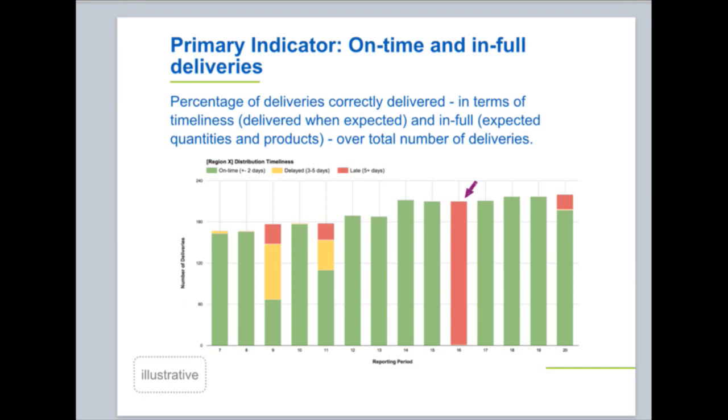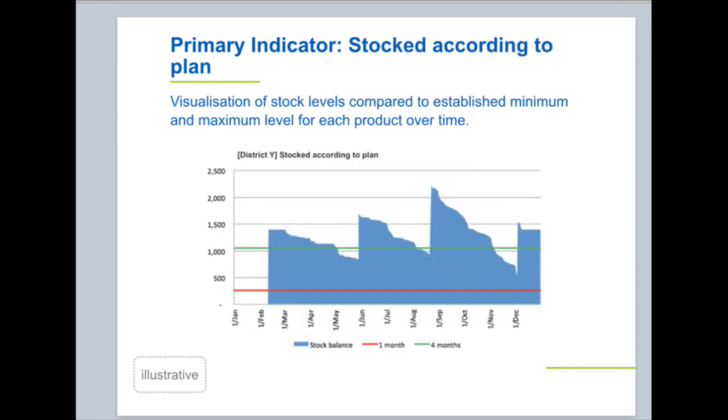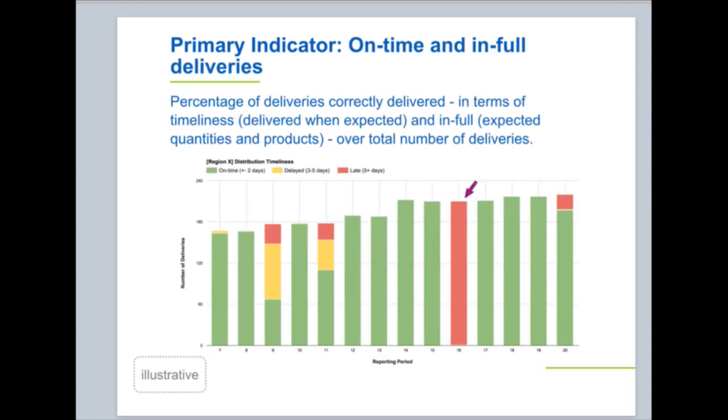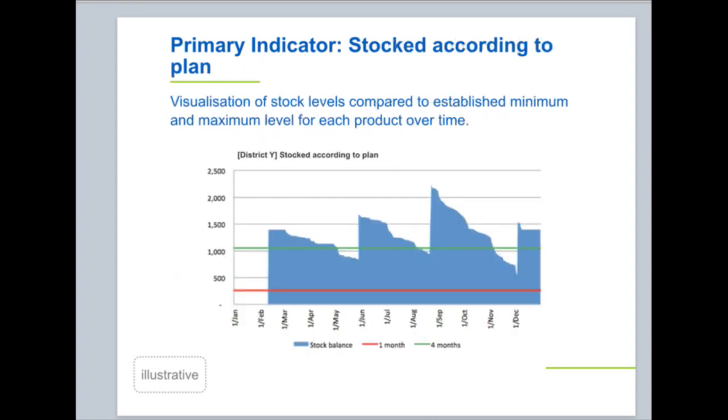The other issue that we note in this graph is that with one week where there is no delivery, they go on stockout. It probably means that the stock levels that they have are very, very tight. So an indicator that we're proposing as well is stocked according to plan. That is looking at the stock levels versus the established levels of stock.